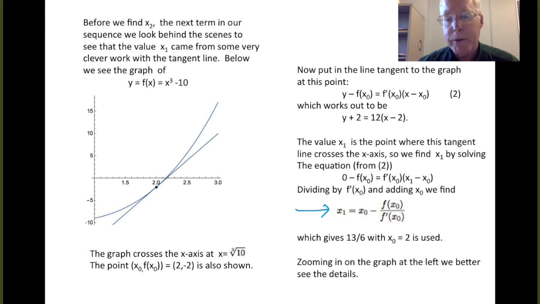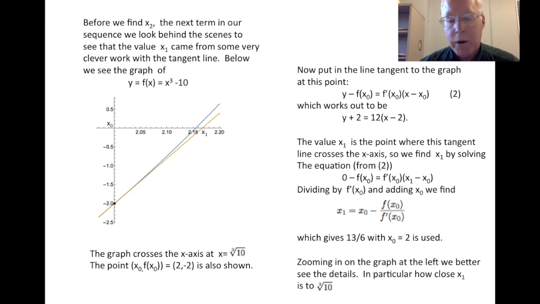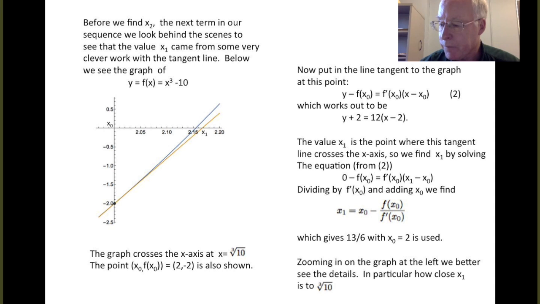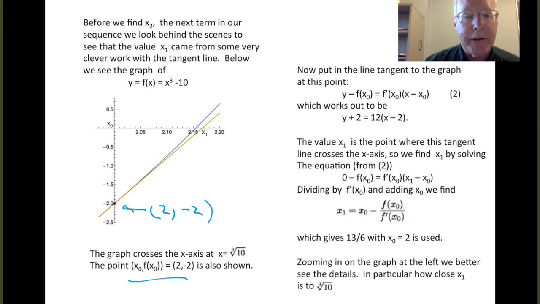Now finally, let's zoom in on the graph to get a better look at what's going on here. So now we have over here that point 2 comma minus 2, or x0, f of x0, as we talked about down here. And the tangent line is in yellow, and the graph f of x equals x cubed minus 10 is in blue.